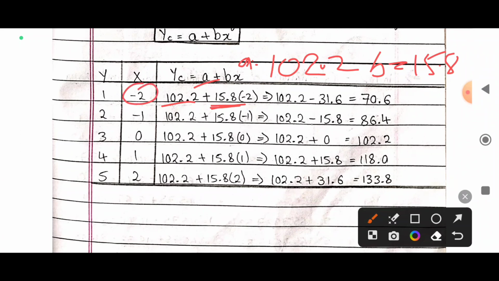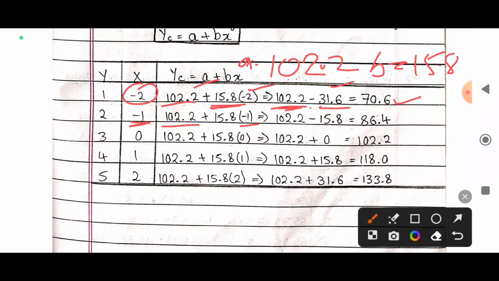Here the x value is minus 2, so take minus 2. So 102.2, 15.8 into 2 is 31.6. If you deduct this, you will get 70.6.